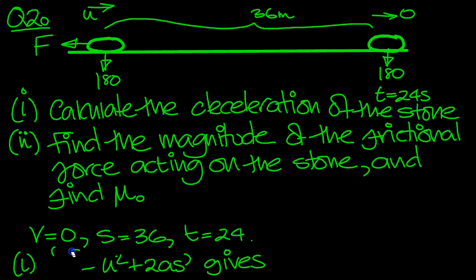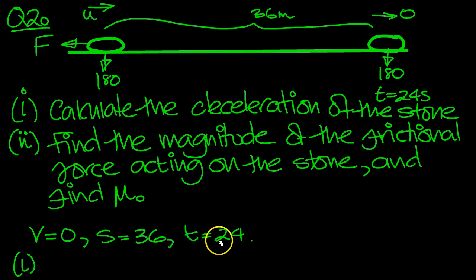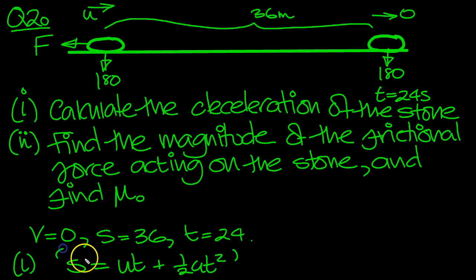So let's scratch that. What else could we use? Well, we could use v equals u plus at. We'll have to use s equals ut plus half at squared. It's slightly awkward, but we've got to use this one then.